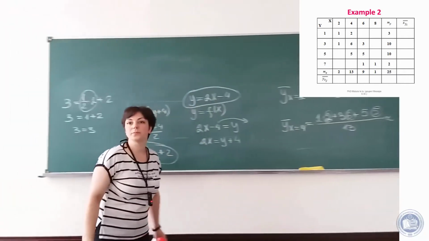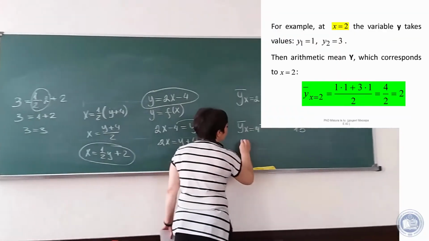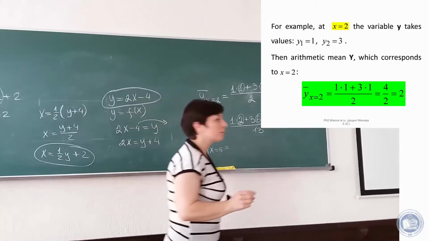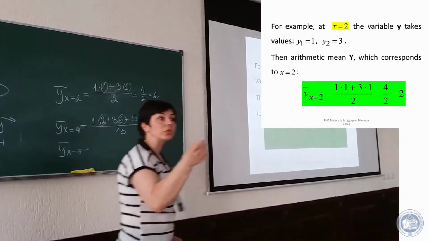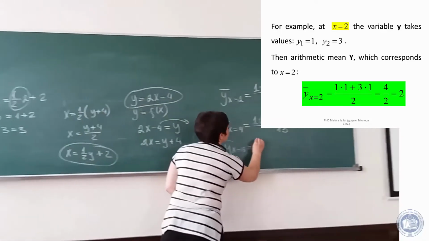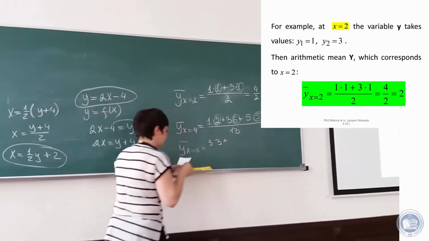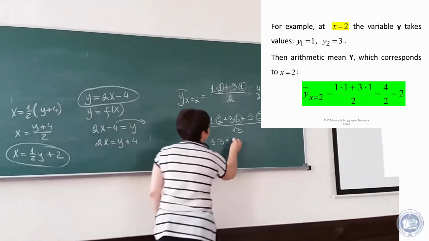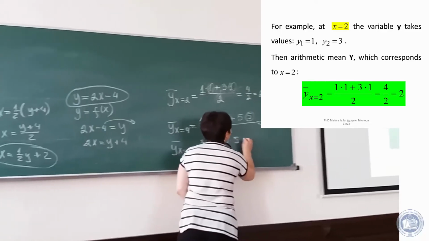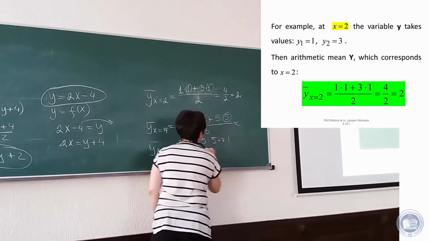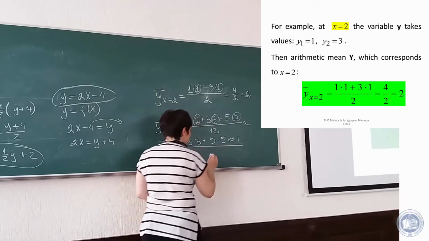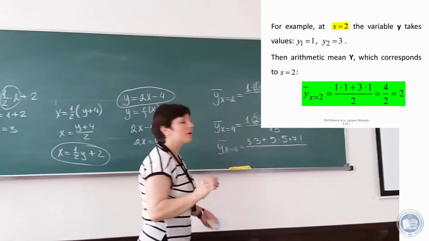Let's divide. Students, how to find y if we have x equals 6? Let's look at your table. 3 times 3, okay, plus 5 times 5, okay, and 7 times 1, okay, 9 plus 25 plus 7 and divided by the total number.